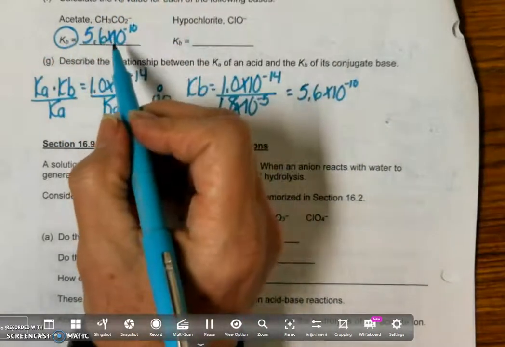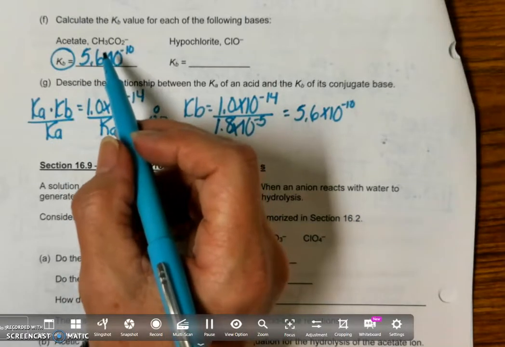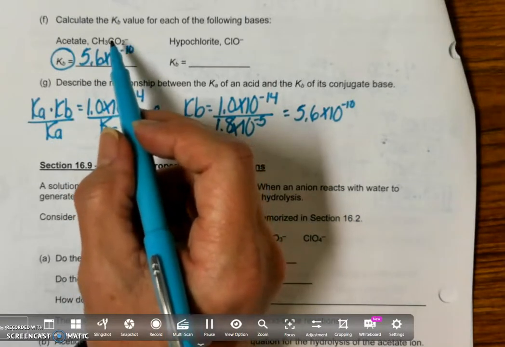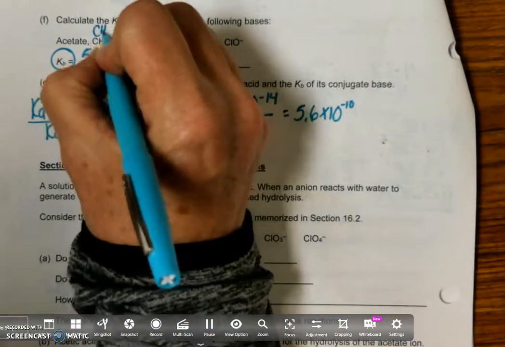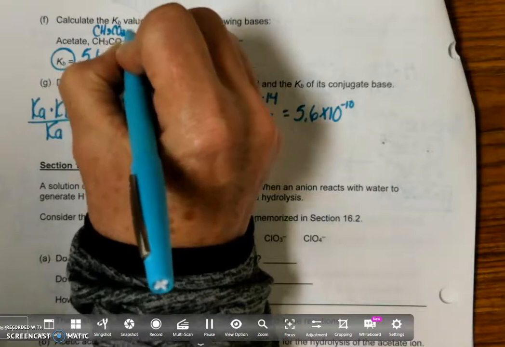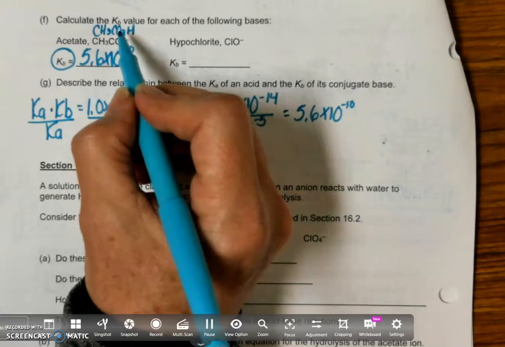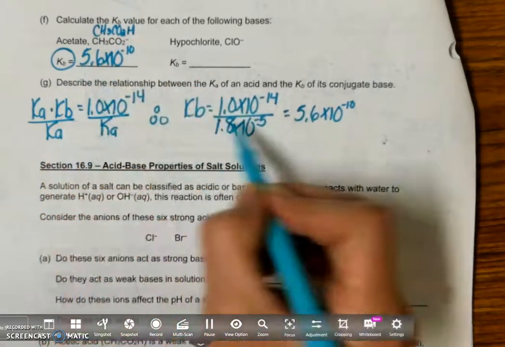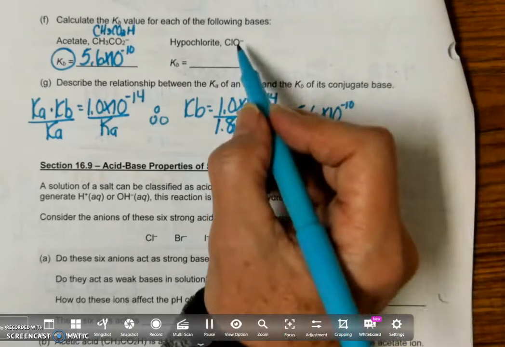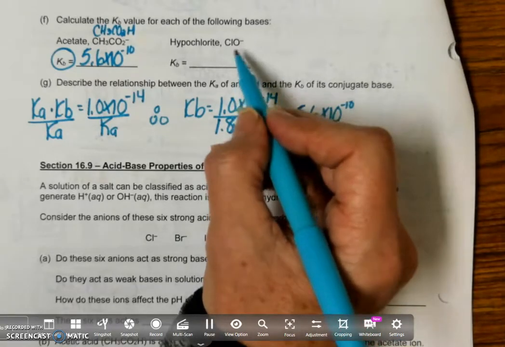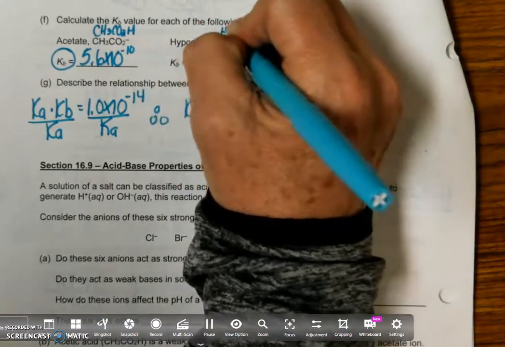So what this allows me to do, if I know the Ka of the conjugate acid of this base, which would be this, and I was given the Ka, I can get to Kb by doing this simple calculation, right? Same with this one. I may not know the Kb of this, but what if I know the Ka of this?